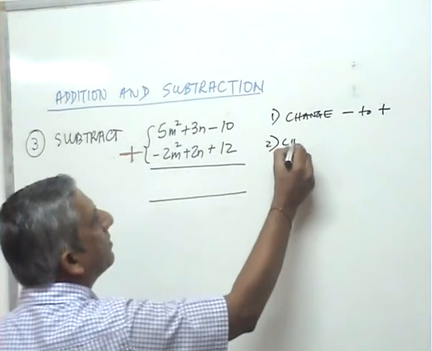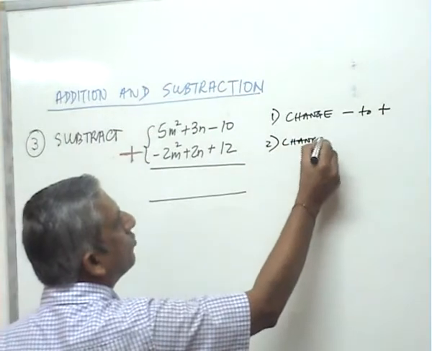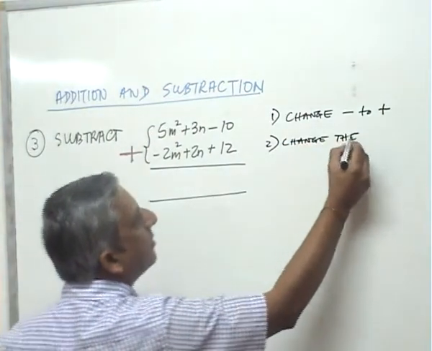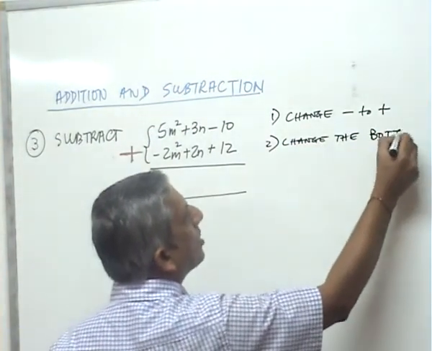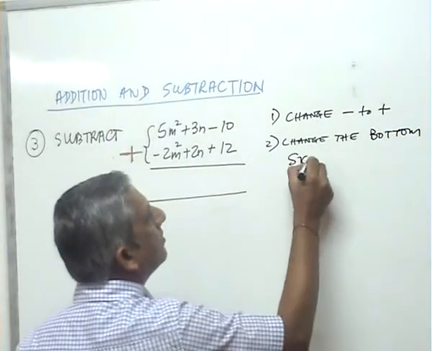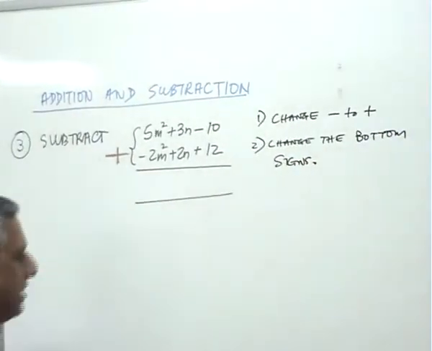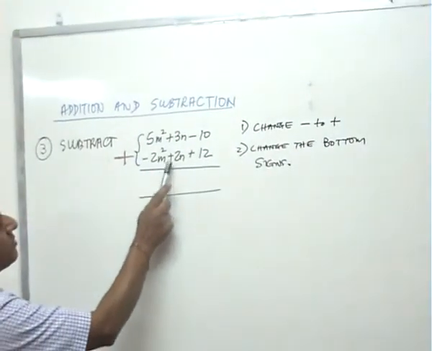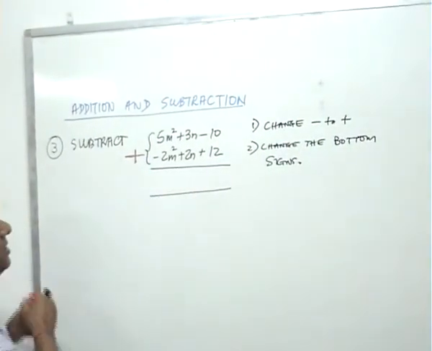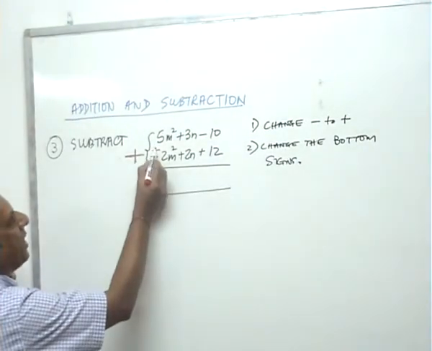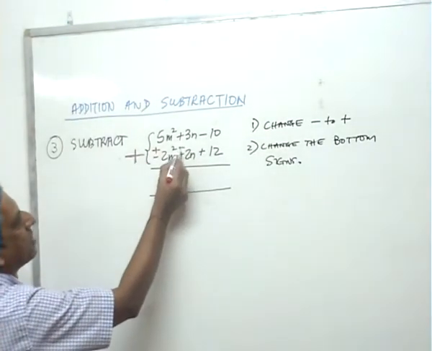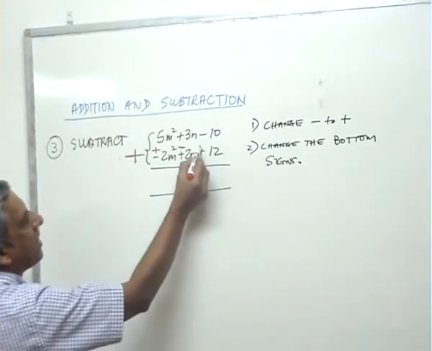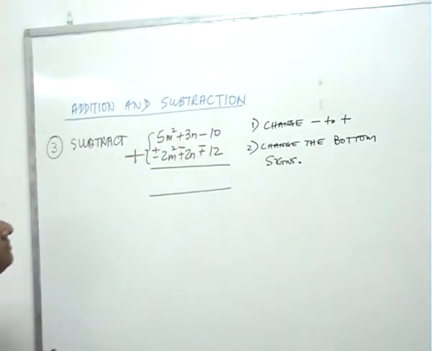Step 2, change the bottom signs. So there are the bottom signs, they must be changed. So this one now is plus, this one now is minus, this one is now minus.